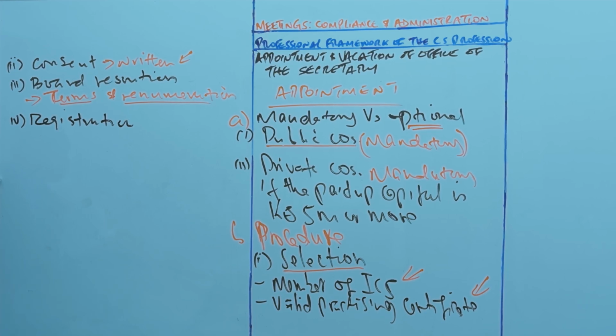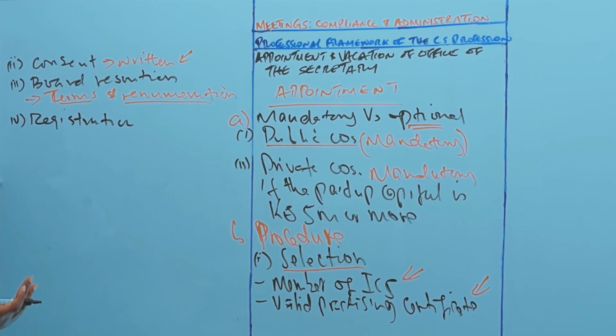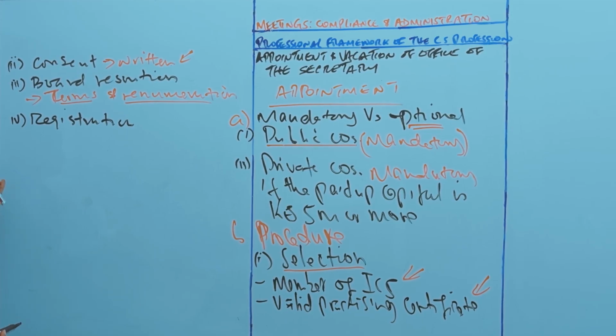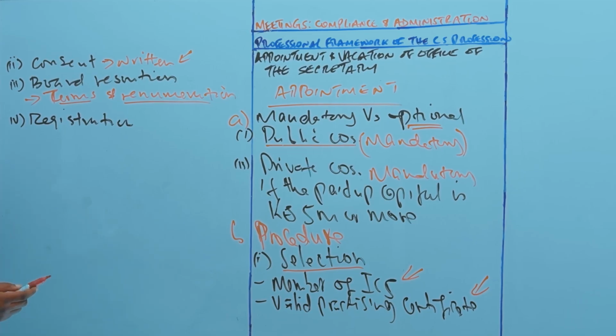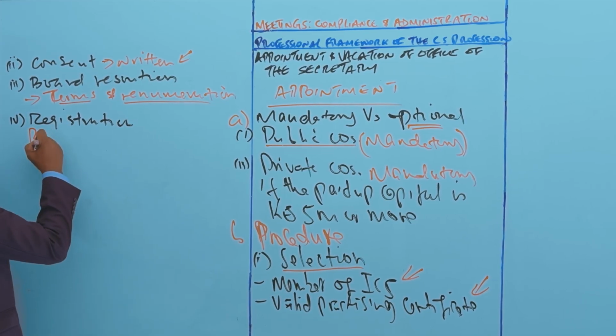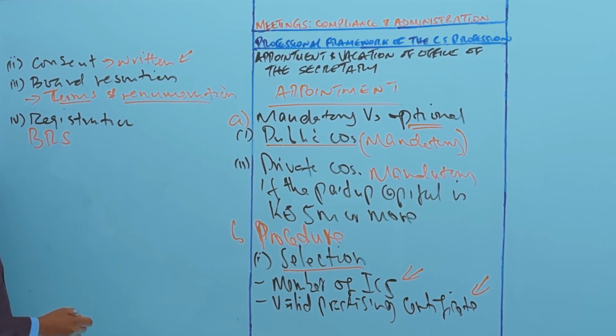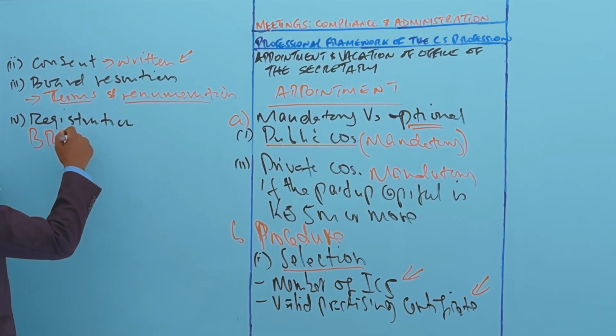Registration. The appointment must be filed with the Business Registration Service via the eCitizen portal within 14 days.